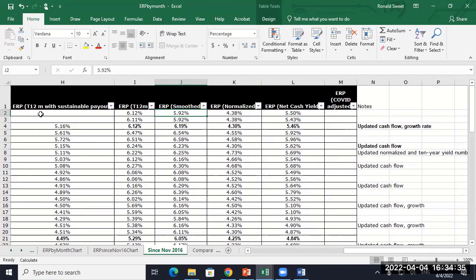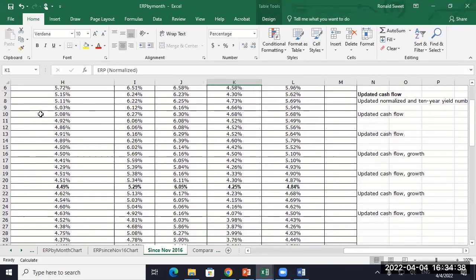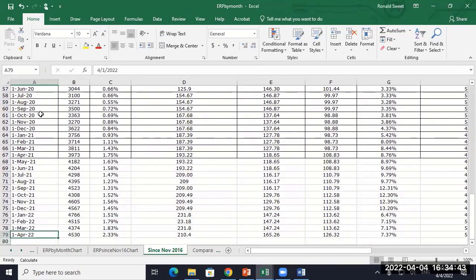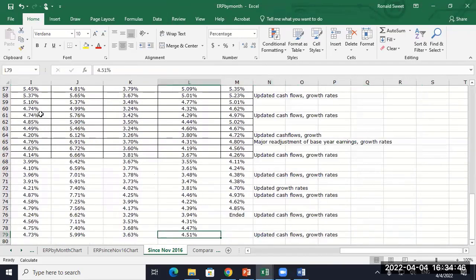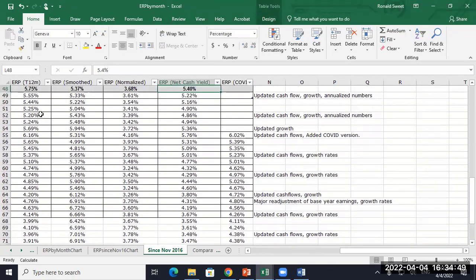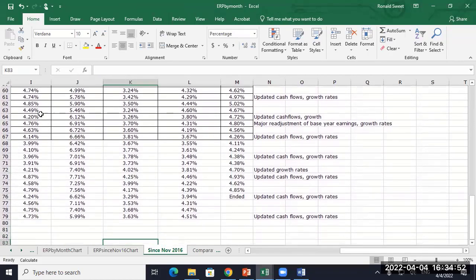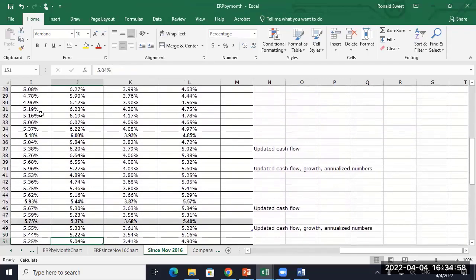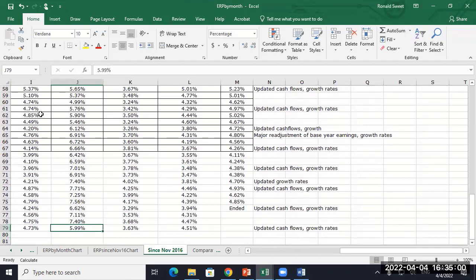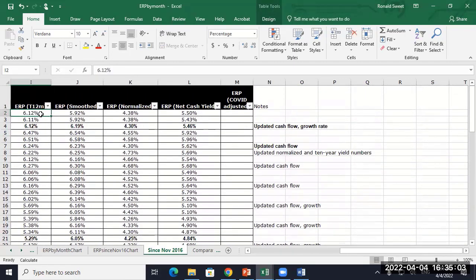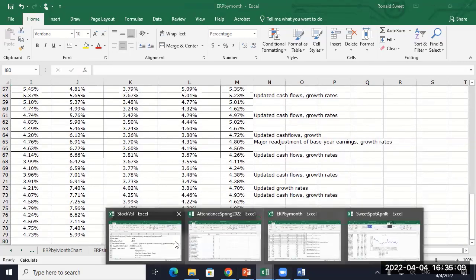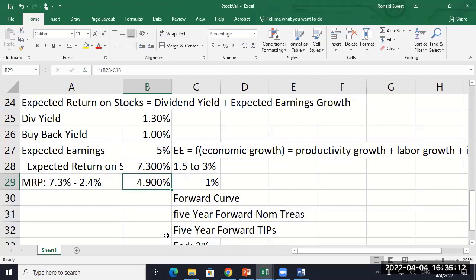I don't know what he means by smooth and annual and normalized, but here's his numbers. He's got like 451 or 363, 599, that's his smooth number, his normalized 366. His ERP last 12 months. I mean, he's kind of all around the numbers. But a 5% market risk premium is a perfectly reasonable number to use.